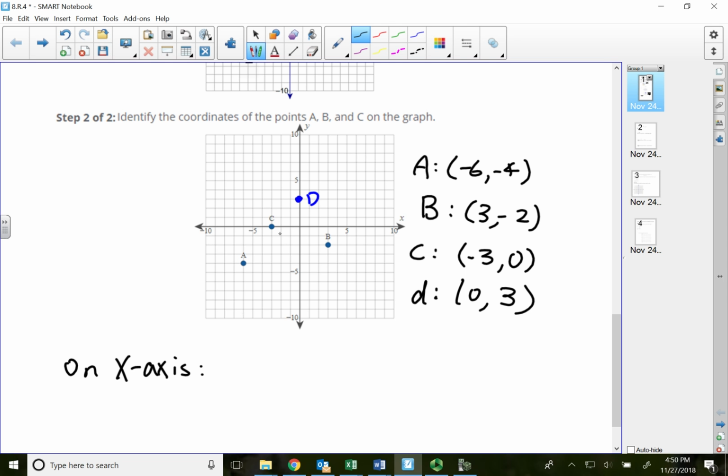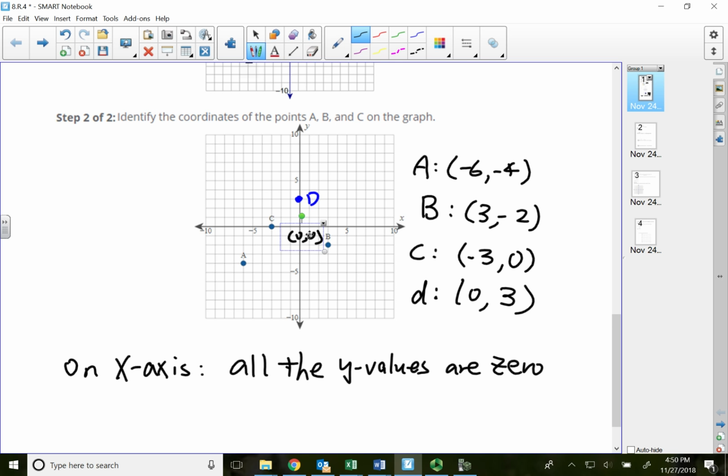So that means my x value is changing, but my y value, remember the origin is always 0, 0. So if I simply go to the right or left, my x value is changing, but my y value stays as 0. So any coordinate on the x-axis, all the y values are actually 0.